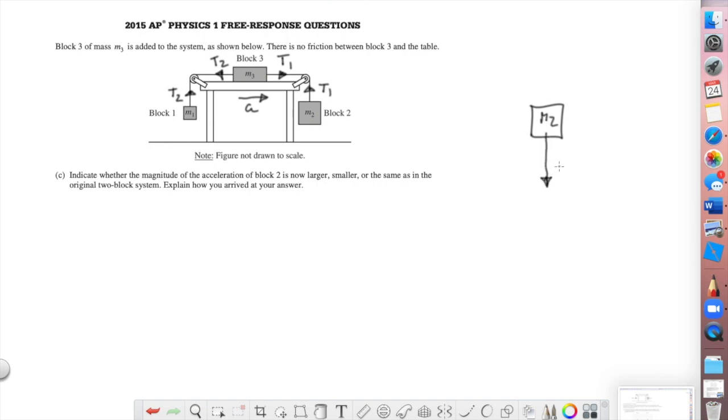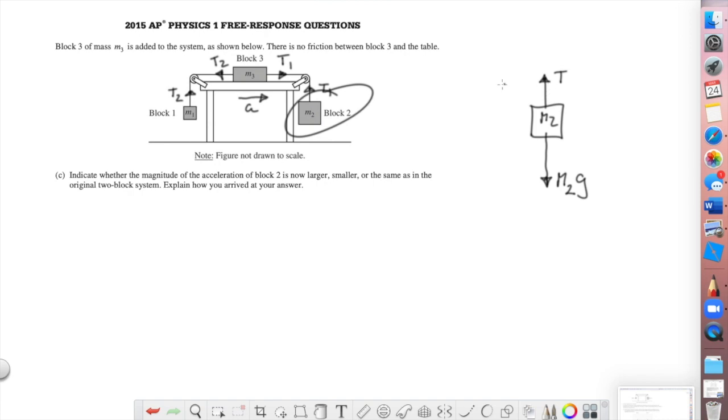M2G did not change, and then this tension here is smaller. Now, the tension acting on block number 2 must be greater than what it was in the first situation.